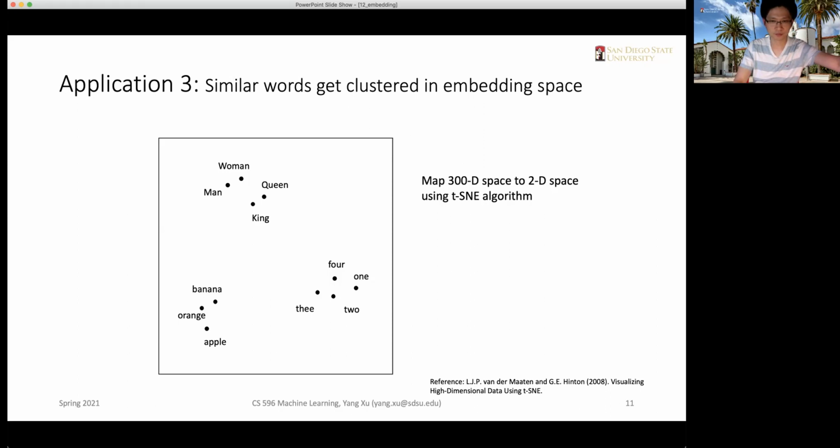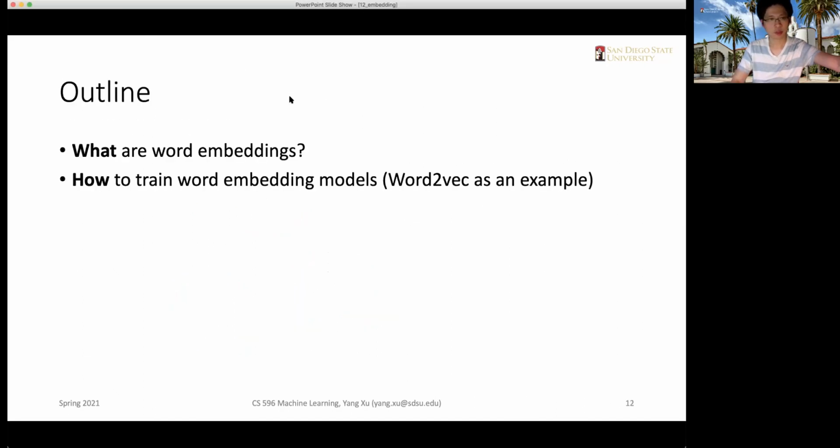Okay, right? You can see the numbers are all in this cluster. All the numbers are clustered into the same category. Or here these are fruits, right? And these are people, right?